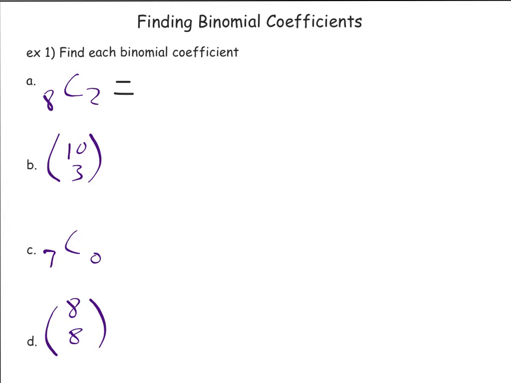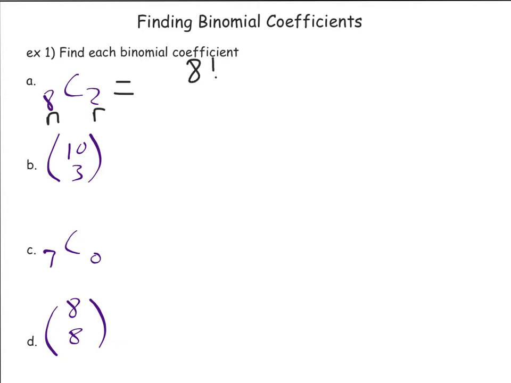So this is saying, if n was 8, that would be this number right here, and r was 2, once I had decreased that power 2 times. Another great way to think about that second number is that it would be the power of y. Because again, x decreases in power the whole time, y goes up.